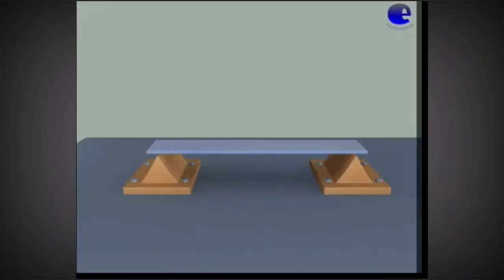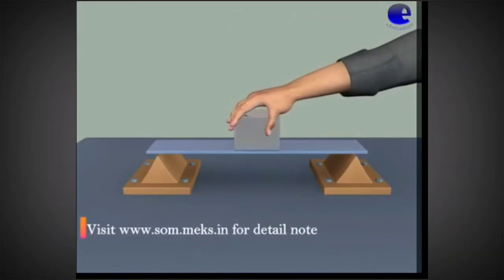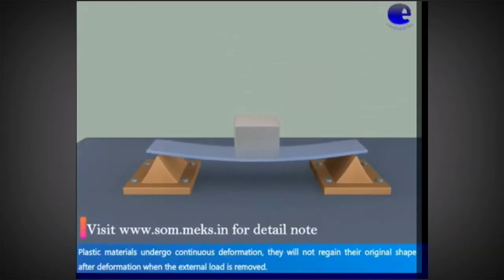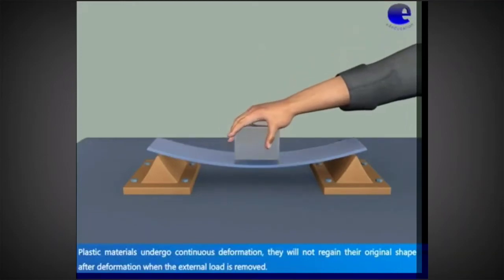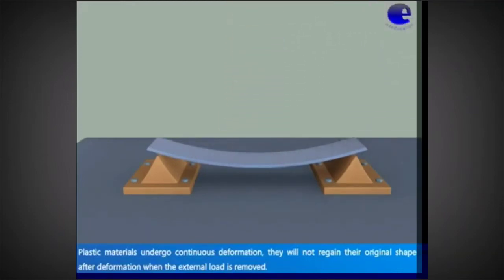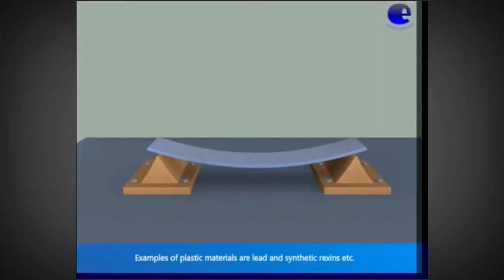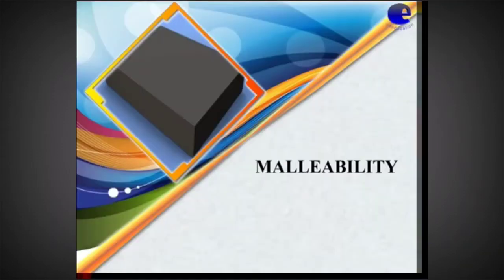Plasticity. Plastic materials undergo continuous deformation. They will not regain their original shape after deformation when the external load is removed. Examples of plastic materials are lead and synthetic resins. Malleability.